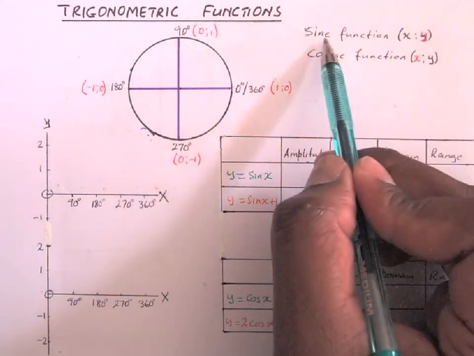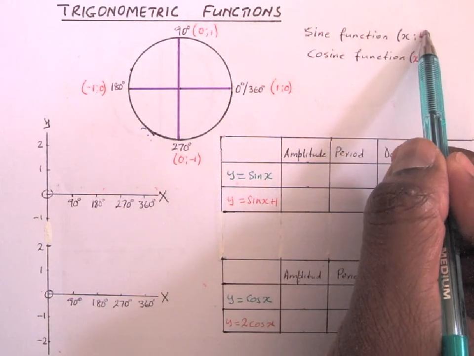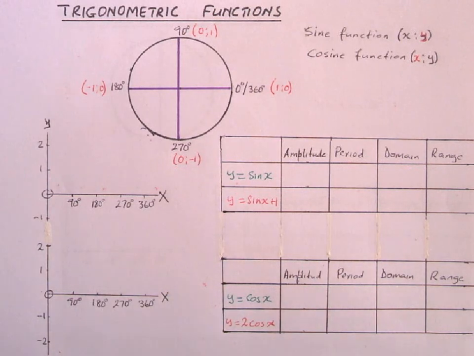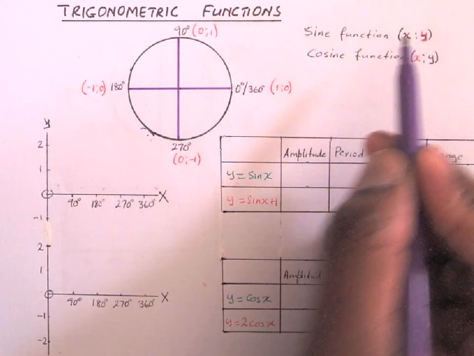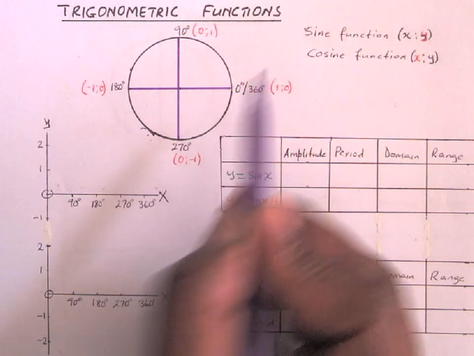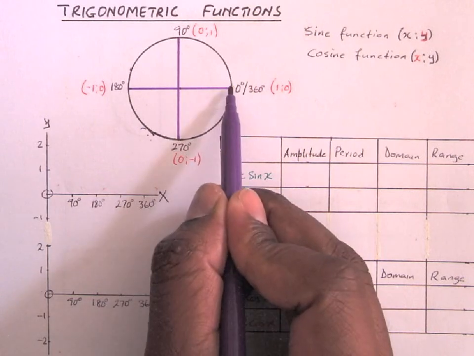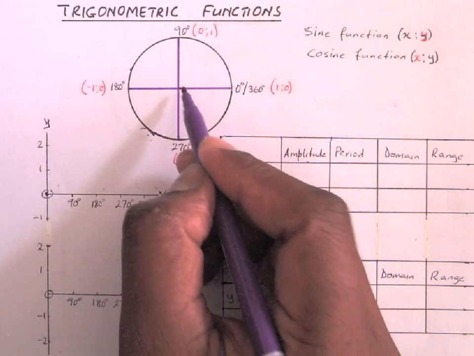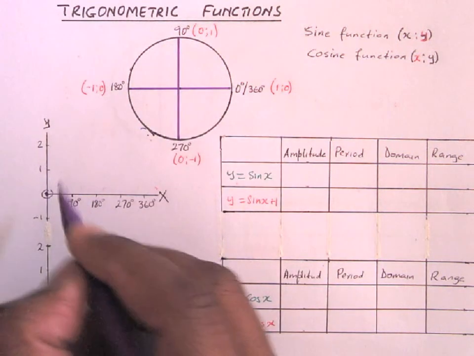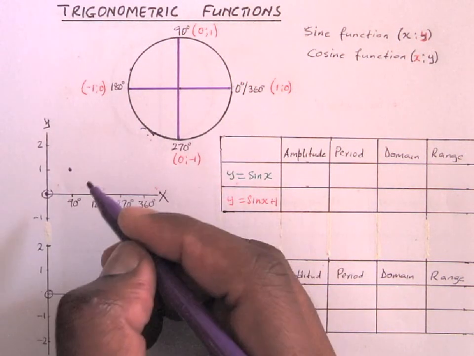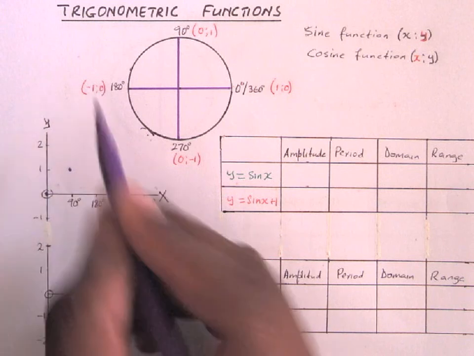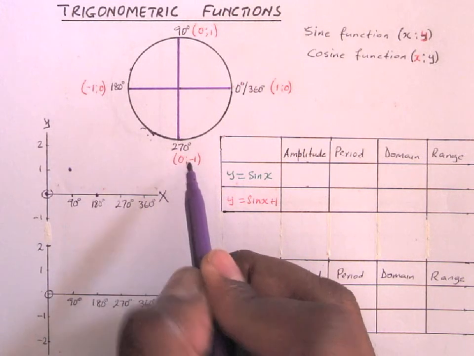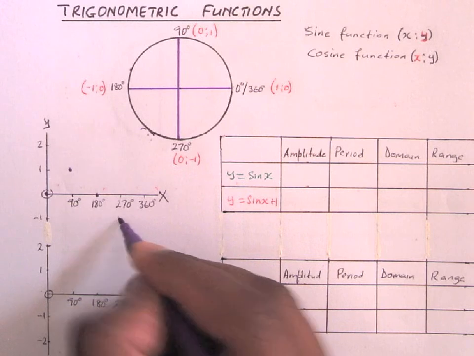So for the sine function, we'll just use the y values to plot the points. The sine of 0 is just 0, so we'll have a point there. The sine of 90 is 1. The sine of 180 is 0. The sine of 270 is minus 1, somewhere over there.